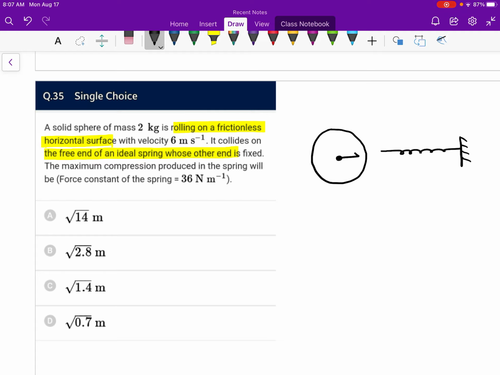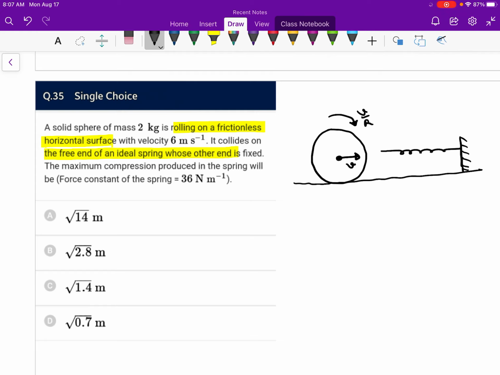So this sphere is moving with v and angular velocity v by r. Now as the surface is smooth, so omega should not change. Spring force will act at the level of the center.